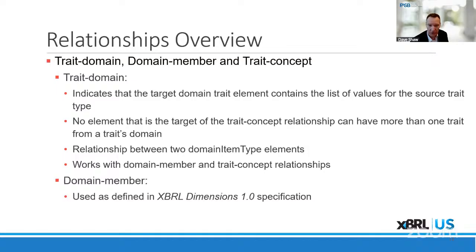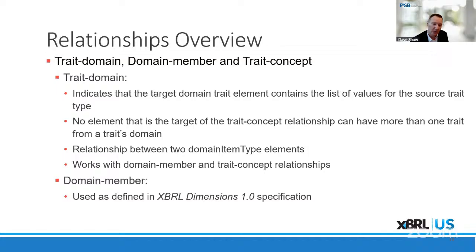We also check to ensure that no concept that has a trait concept relationship has multiple traits from a traits domain applied to it, so that we don't have conflicting information. This relationship is between two domain item type elements, which can be thought of as typically members.